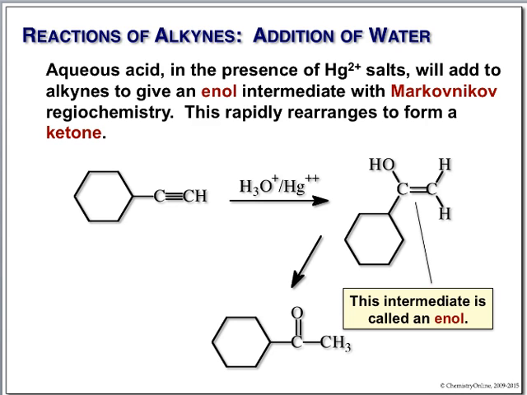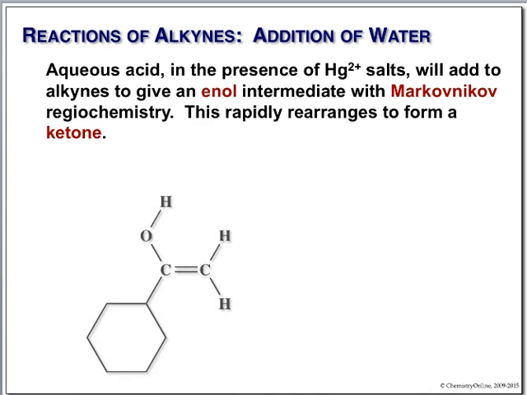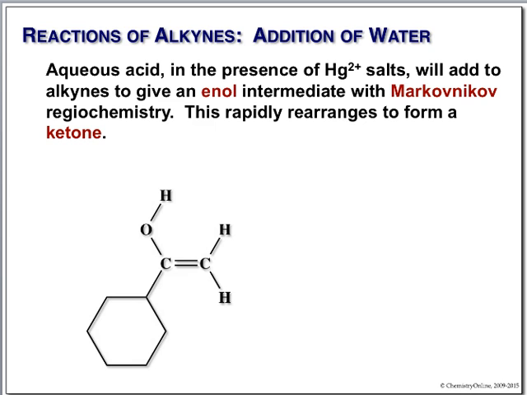Now, again, this sounds a little bit like magic. How do you remember this for the exam? Simply look where the oxygen is, first of all. The oxygen is on our Markovnikov carbon, isn't it? Instead of forming an alcohol, we simply form a carbonyl. All right, how does that happen? This is what our enol looks like.